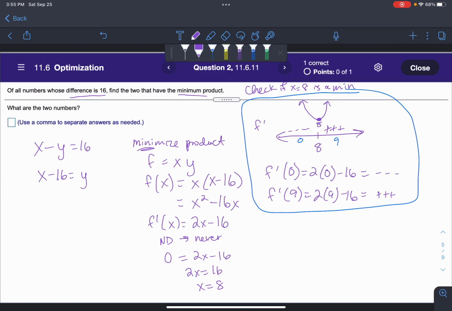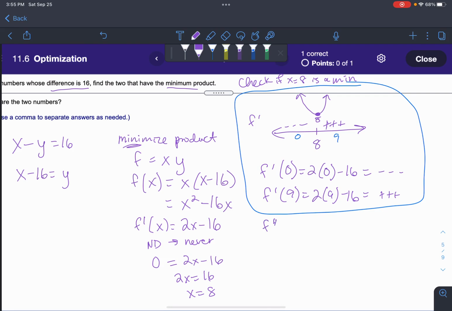Alternatively, you can find the second derivative of x, so that's here, right, the derivative of f prime. And so this will just be 2.